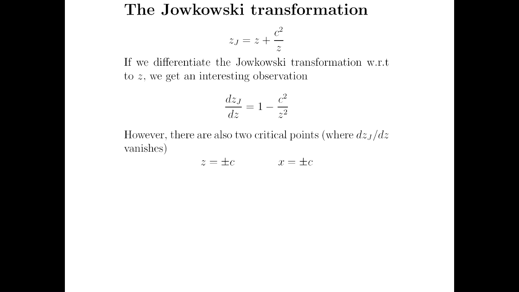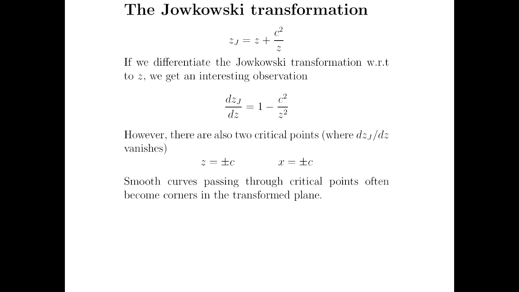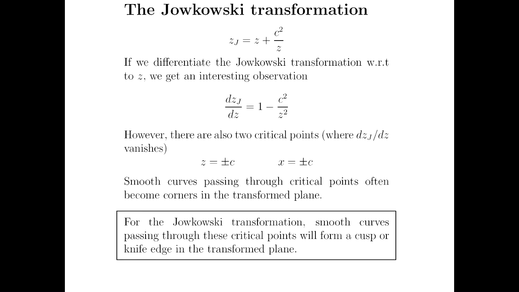This is quite interesting because it tells us that a smooth curve passing through these critical points becomes a corner in the transformed plane. It becomes a very sharp corner. For the Joukowski transformation, smooth curves passing through these critical points will form a cusp or knife edge in the transformed plane.